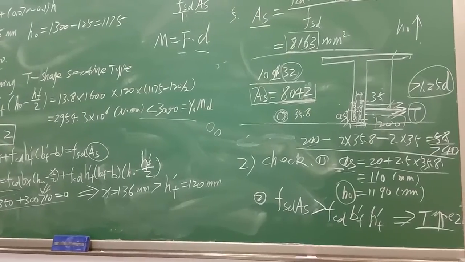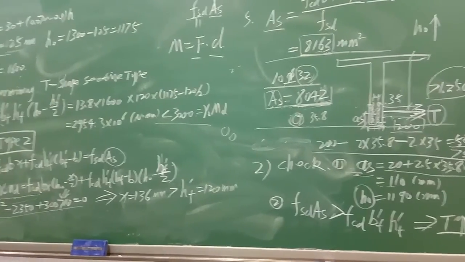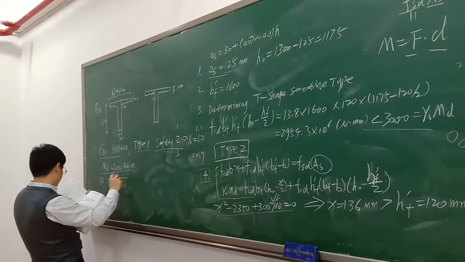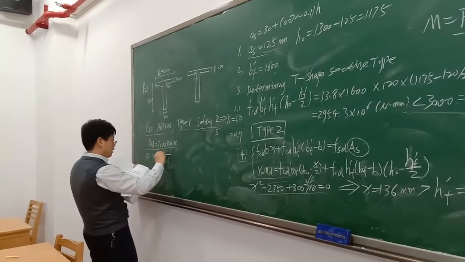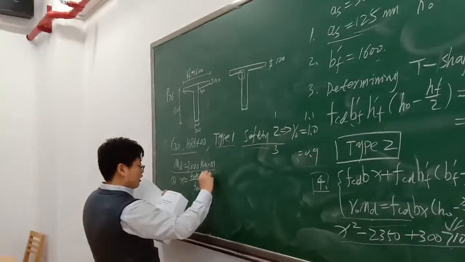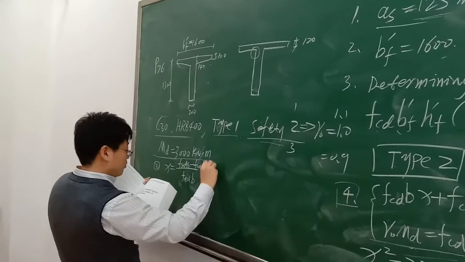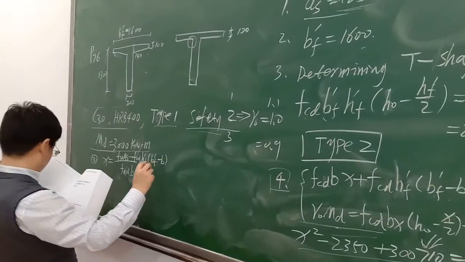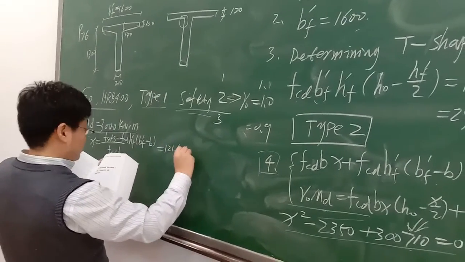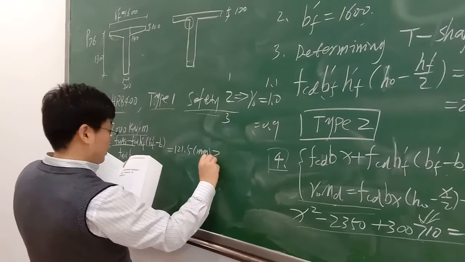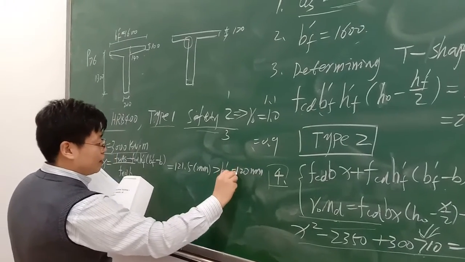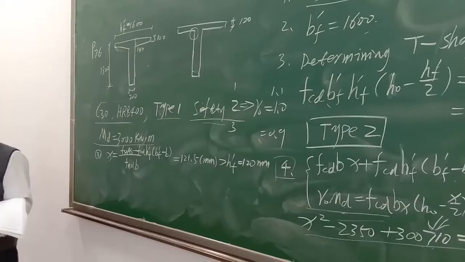Real x is equal to FSD AS minus FCD (BF prime minus B) HF prime, divided by FCD B. Finally it is equal to 1.1, larger than HF prime. That means it's a real type 2.